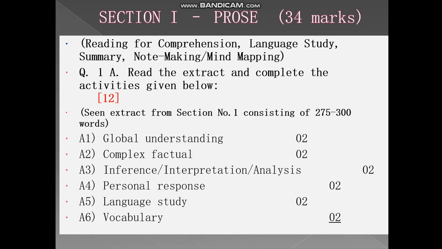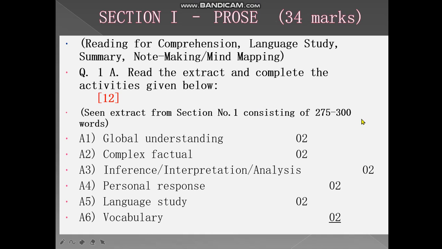So for that, which activity are they going to see? That find the reasons. After reasoning, they would ask you to guess the meaning of this particular sentence. Means they would choose any sentence from the passage and ask you to find out the meaning of the same passage and same sentence, and you have to write that in one paragraph.